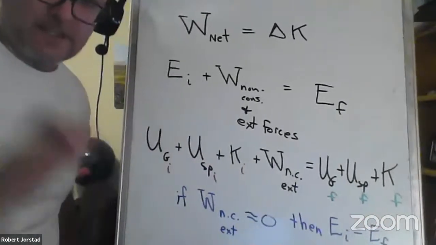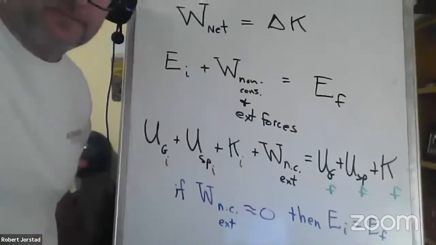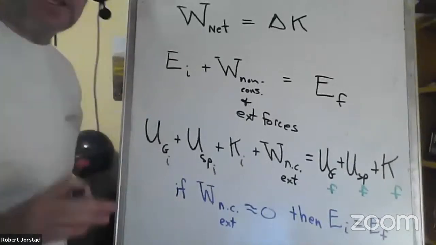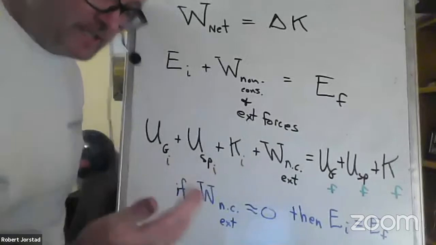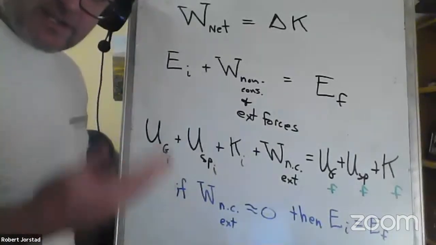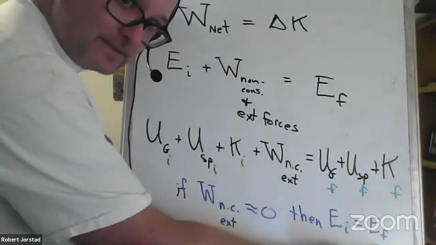Or we say in physics, energy is conserved. So this is what conservation of energy means to a physicist. If energy is conserved, the initial amount of energy is equal to the final amount.